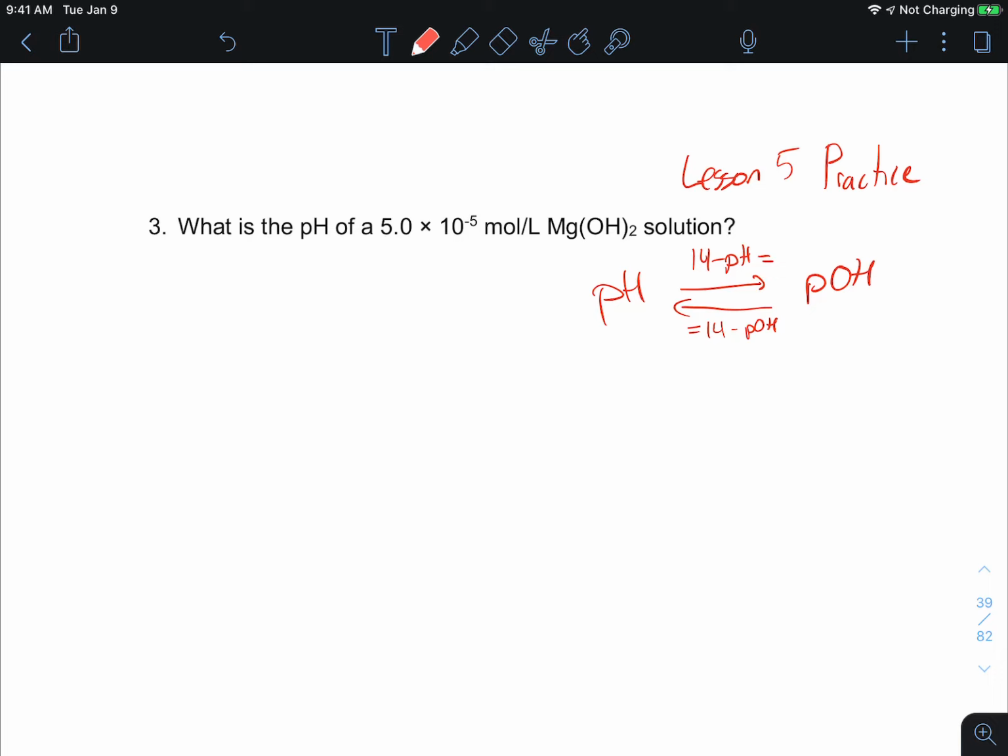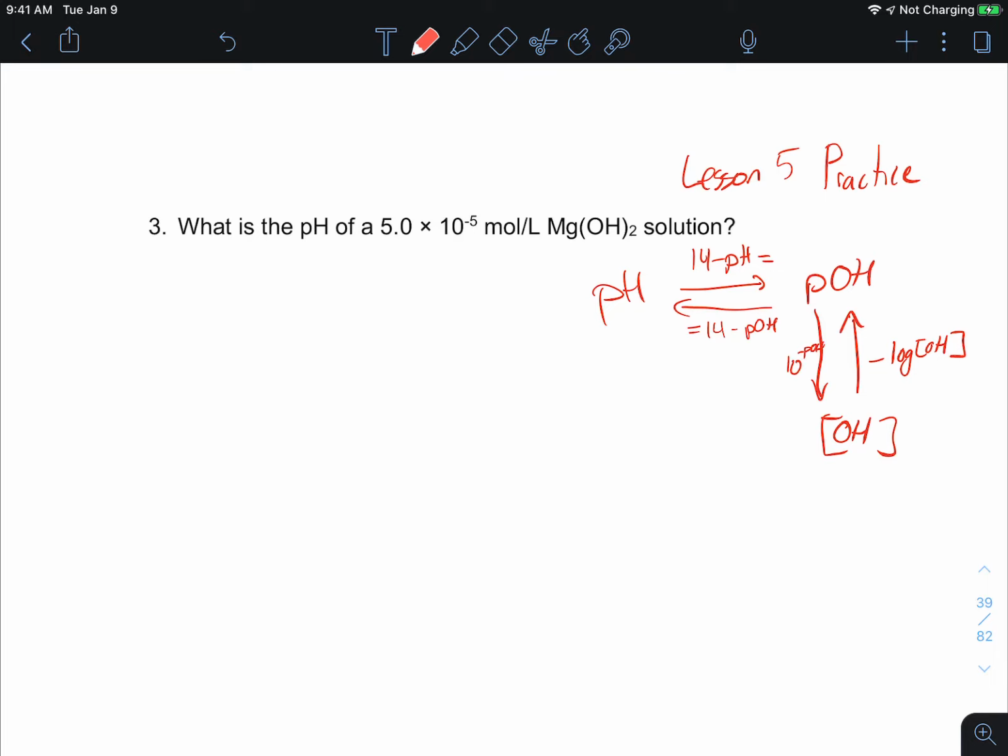Also, we could convert directly from OH concentration. So if you have the concentration of OH, you can convert directly into pOH by taking the negative log of OH. Or if you want to go from pOH to OH, then you would take 10 to the negative pOH.